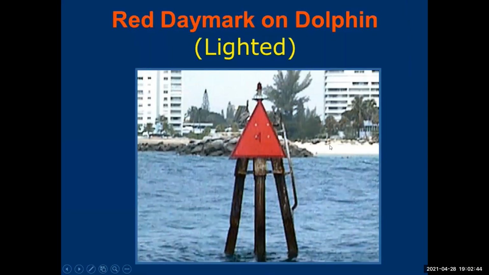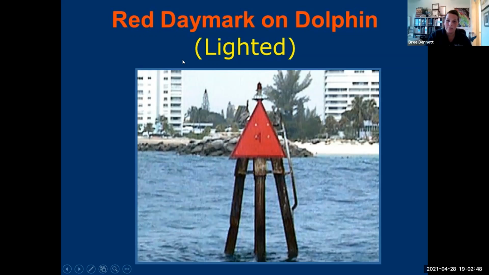Question on that? So this is just a picture of a dolphin. People were asking what a dolphin was at one point. It's just a way of putting something that's fixed in the water. So yes, this is a fixed light because it is attached to the sea floor and it's not affected by tide.